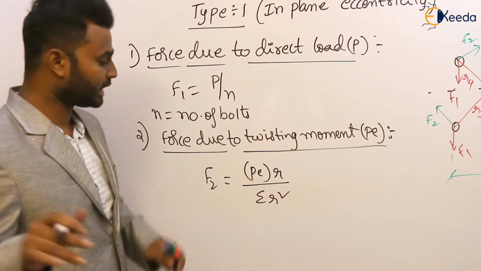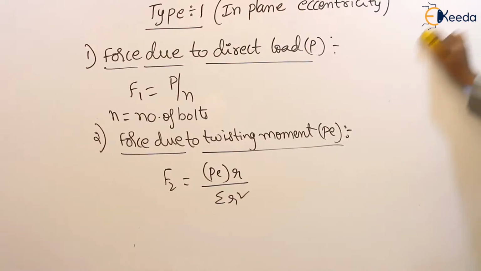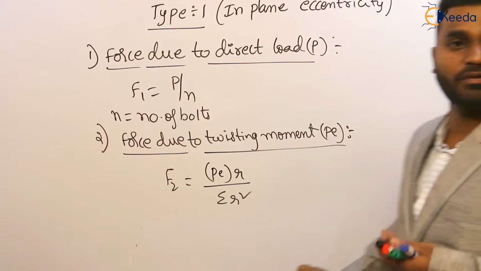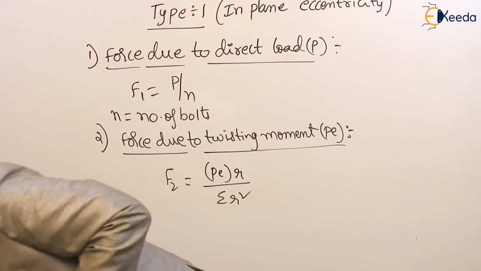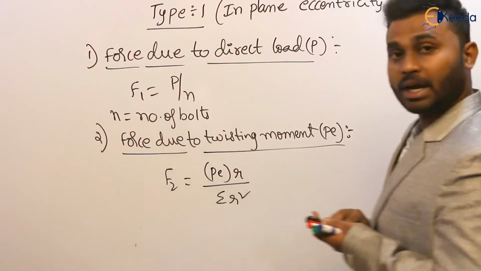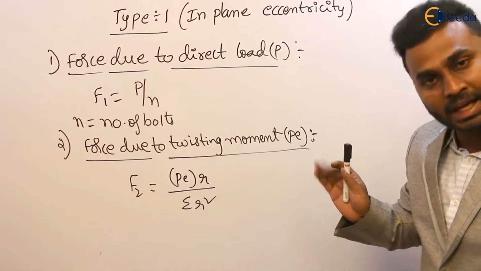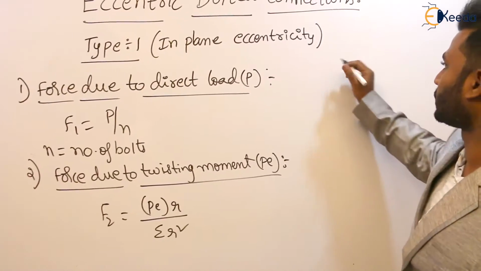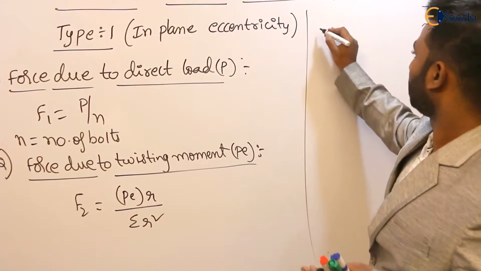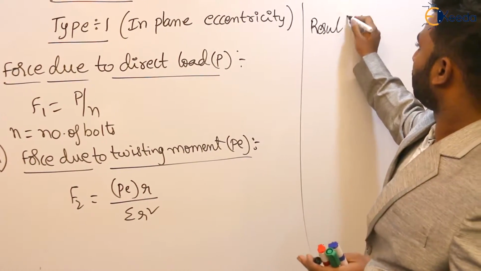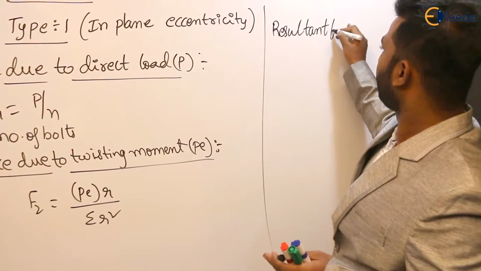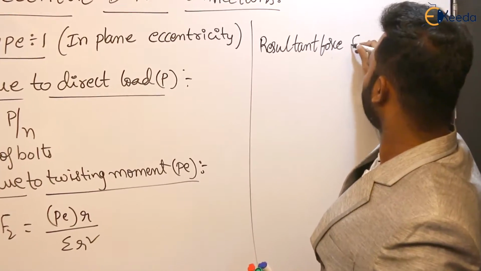Yes or no? So now the resultant force. Here the bolt is subjected to two forces, F1 and F2. One is the direct shear force and another is the twisting shear force, and they make an angle theta between them.